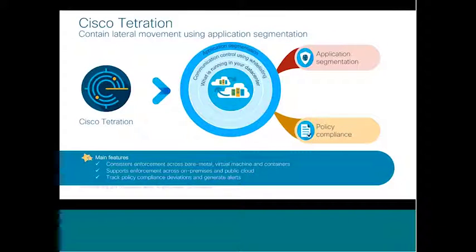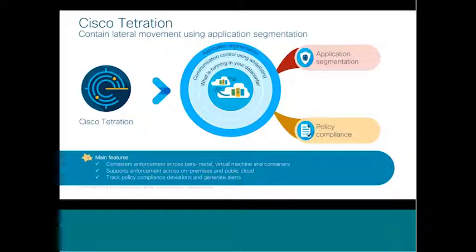So once the policy is available, users can then choose to enforce that policy. And who has the enforcement capability can be governed through the role-based access control that Tetration provides. When customers want to use the Tetration enforcement capability, the policy is directly programmed on the operating system itself.